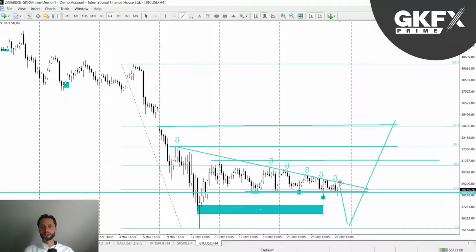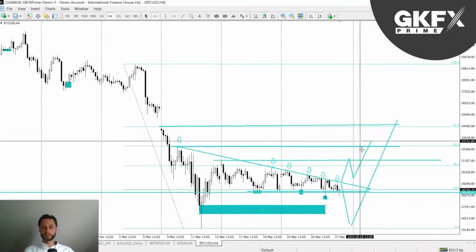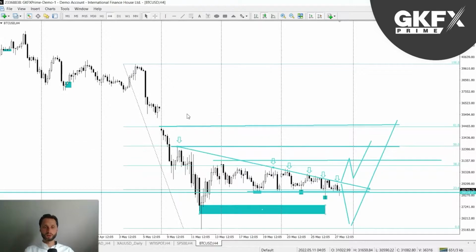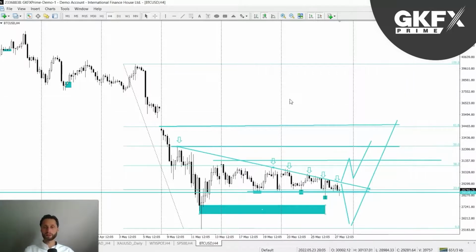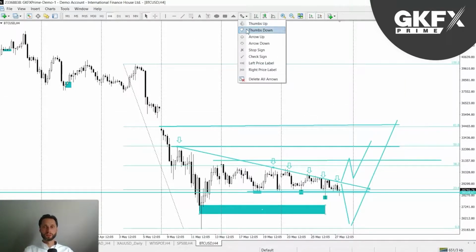But failing that, if we get a nice strong break, then a retracement back down into the trend line or this area right here of these swing points, that would be the nicer area to buy. And once again, we're looking to buy and come up into this swing level right here where this arrow is, this price, which is the 32,700, something like that. So that's what I'll be looking for.